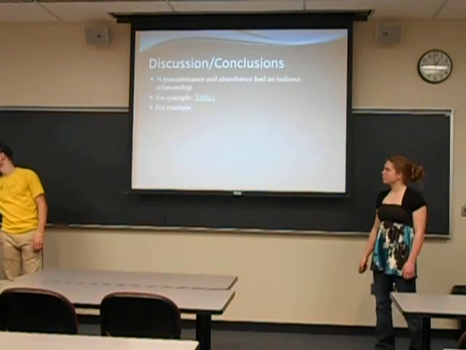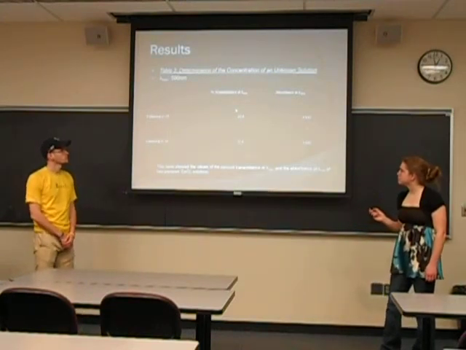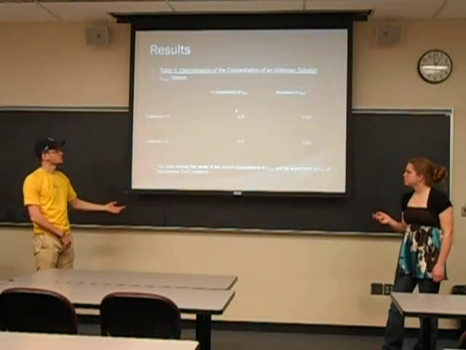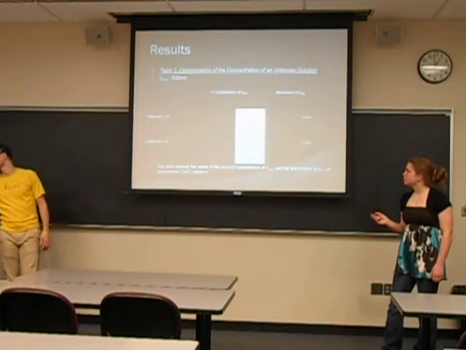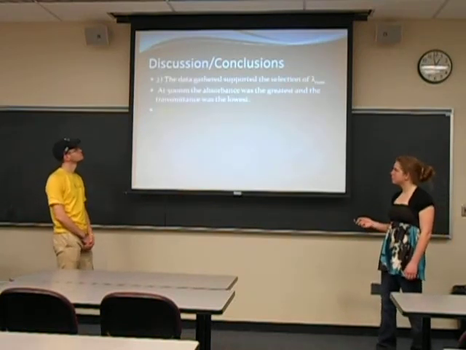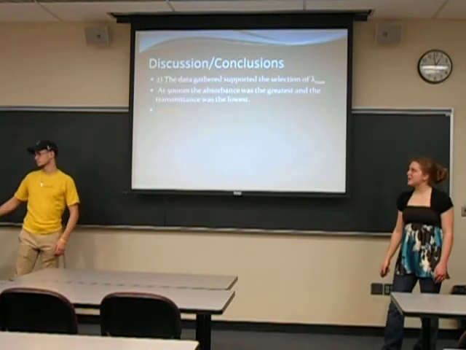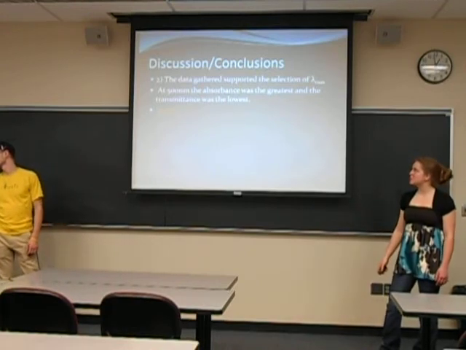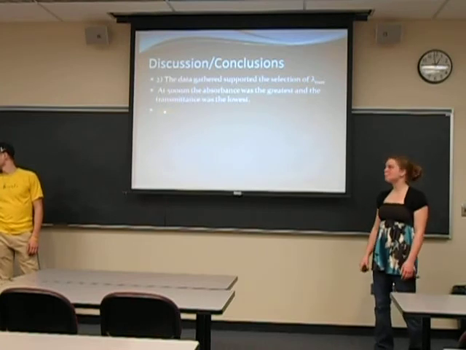Same thing with table number 3. It shows that the higher percent transmittance had a lower amount of absorbance. Data was gathered from a section of lambda max at 500 nanometers. Also, the absorbance was the greatest and the transmittance was the lowest, so it has an inverse relationship.